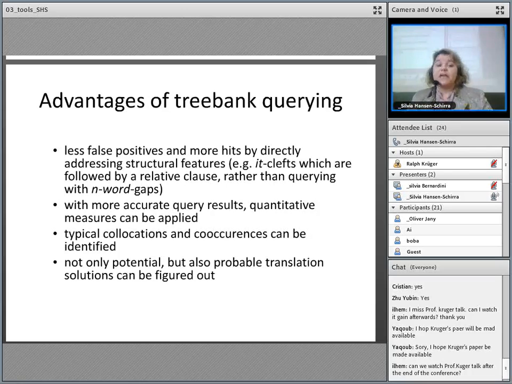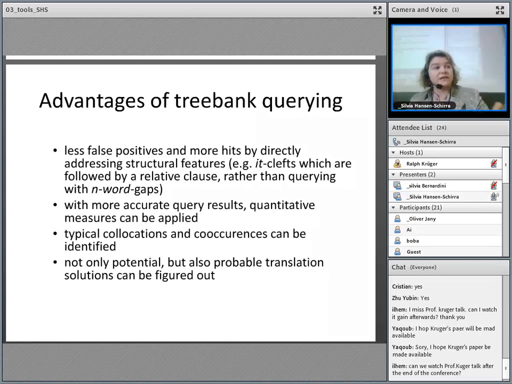We yield more accurate query results so that quantitative measures can be applied on structural queries as well, grammatical queries. We can find typical collocations and co-occurrences on the lexical layer, but also on the grammatical layer. And we do not only find potential, but also probable translation solutions, because we have the frequencies as well.